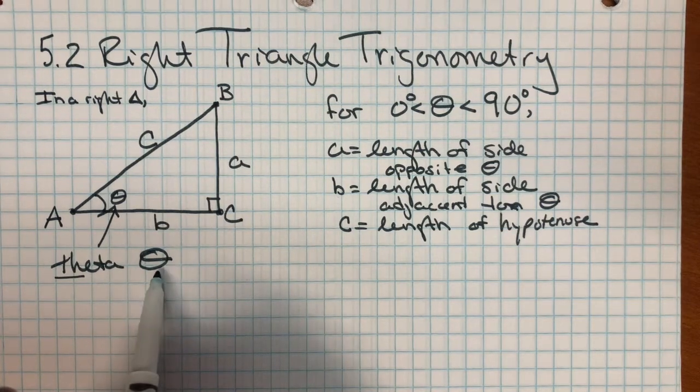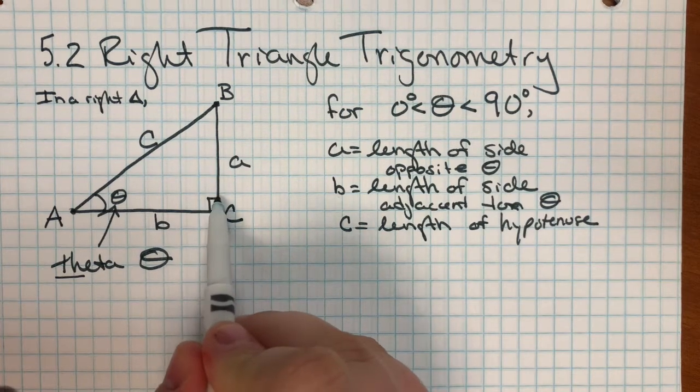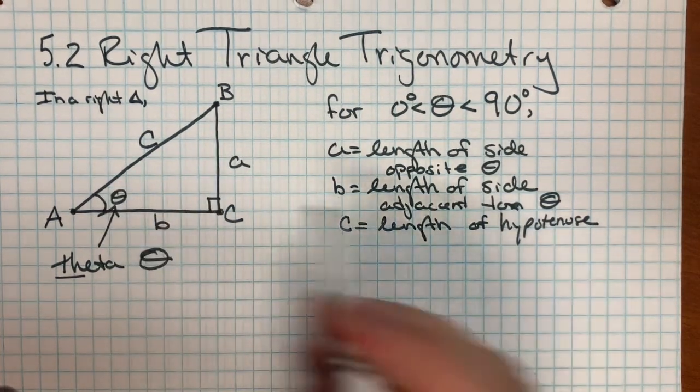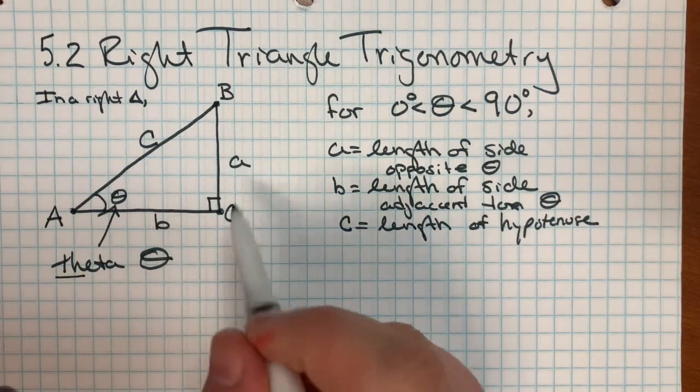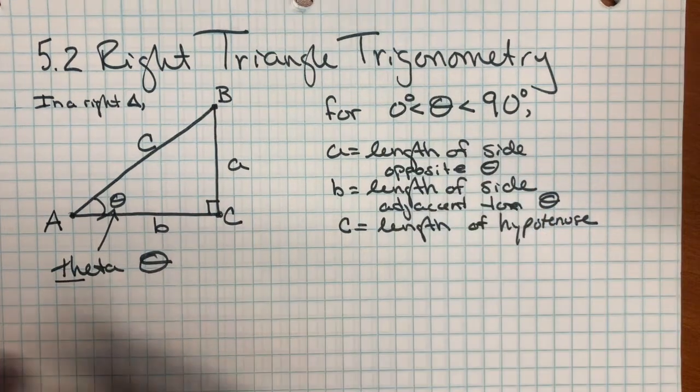So for theta, as long as it's between 0 and 90 degrees, because this one's already 90, and we know that the sum of the angles is exactly 180. So if I take 180 minus 90, these other two together have to add up to less than 90, right?